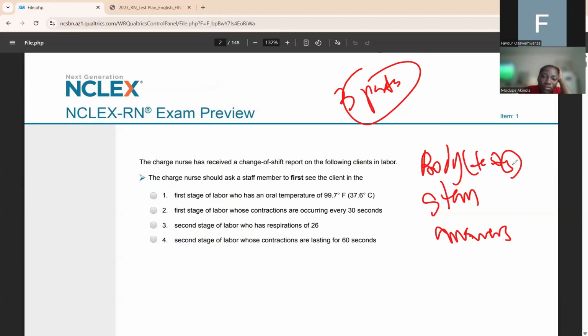Now, the stem is what we call the examiner question. The body of the question is just like, let us say I ask you to read a storybook. And I say, once you read this storybook, I am going to ask you a question and you're going to provide me the answer.